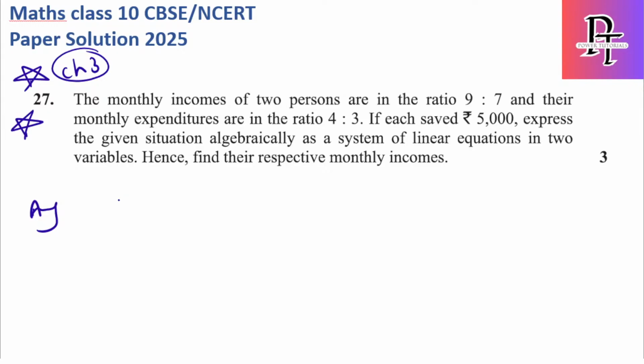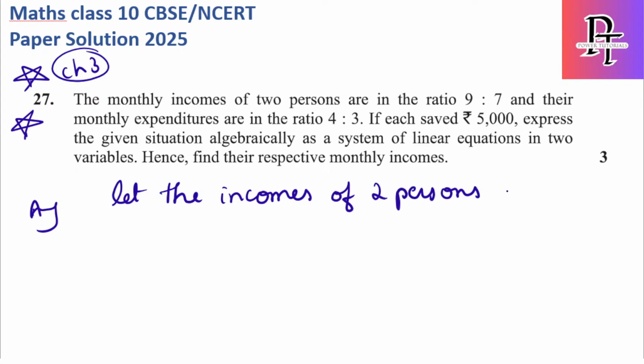So the first step is, let the incomes of the two persons be 9x and 7x respectively.